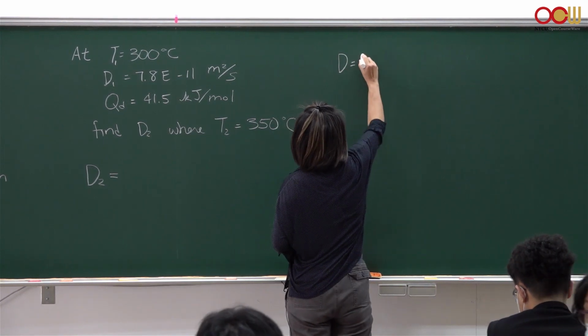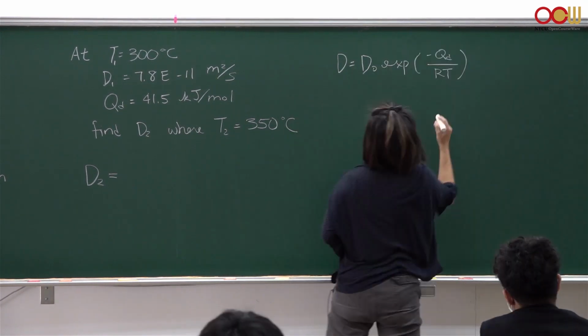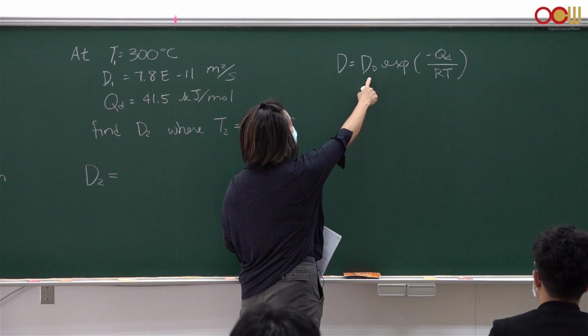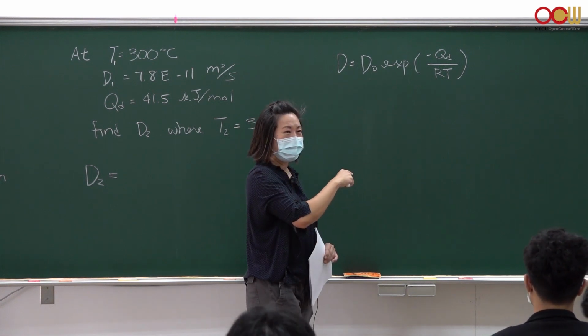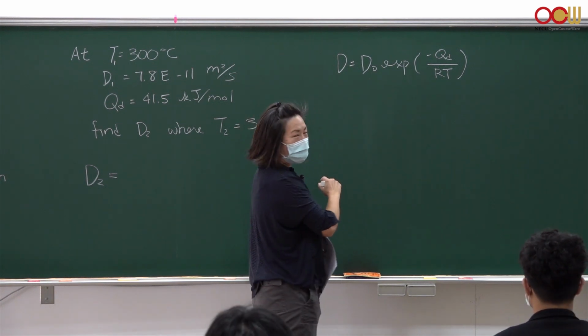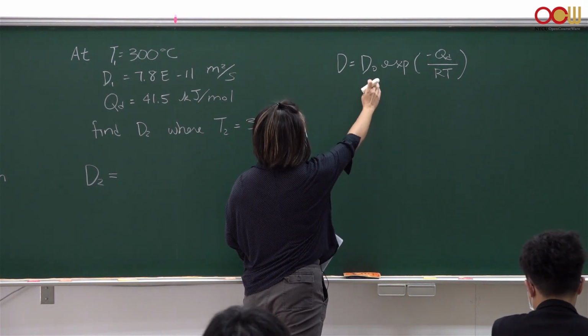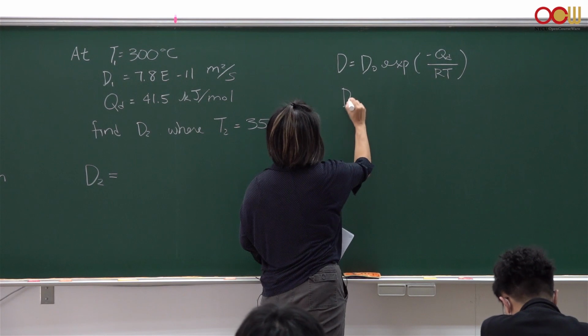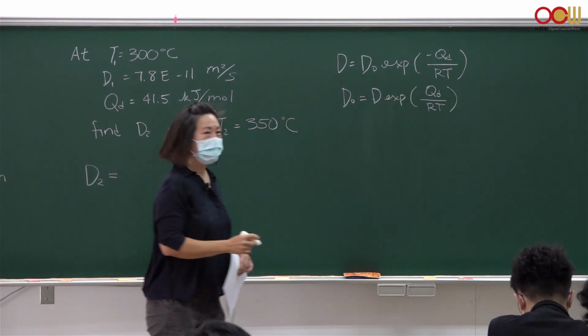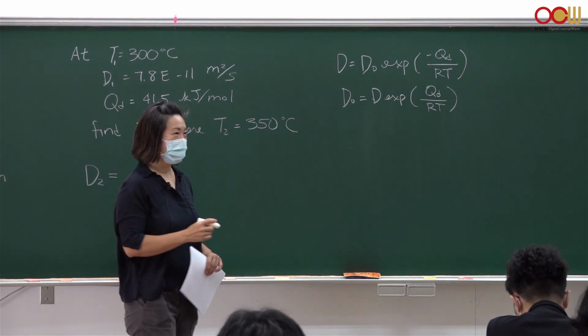So D equals, we know this equation. If we don't have this number, right? We don't have D0. But I know it's a constant. So I can move this equation so I set everything equal to D0. So far so good. Okay?